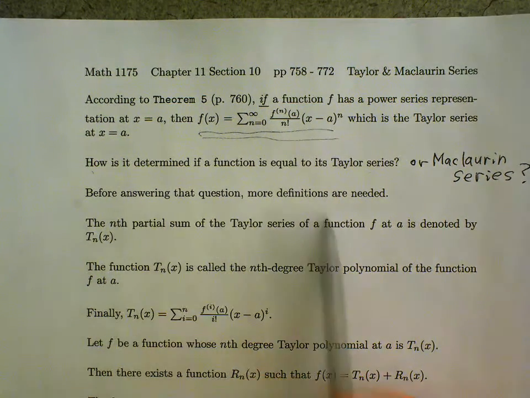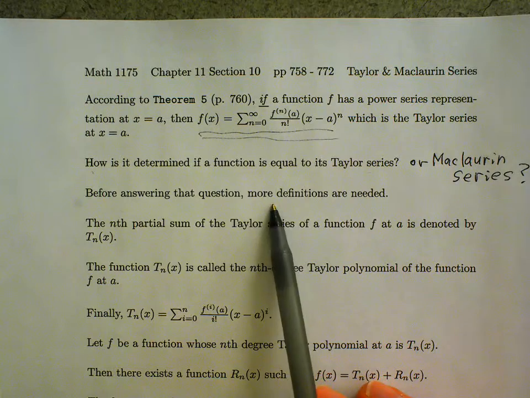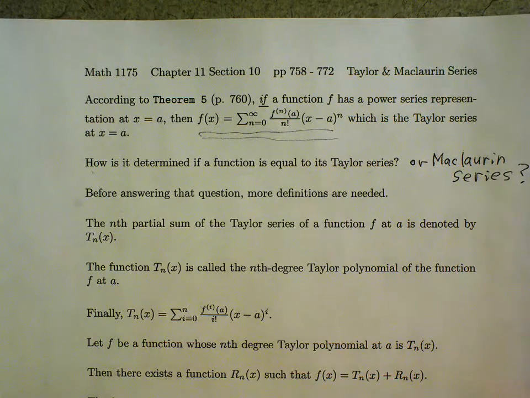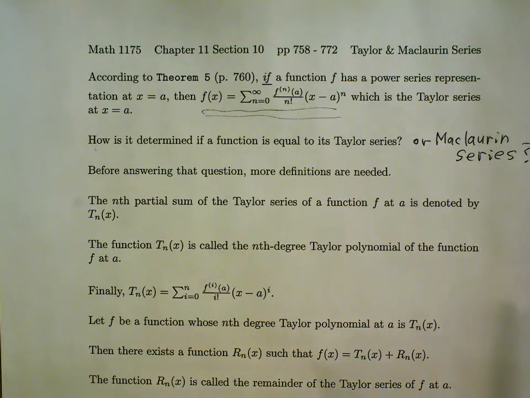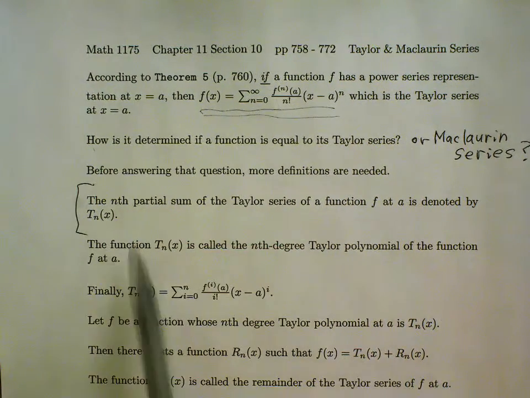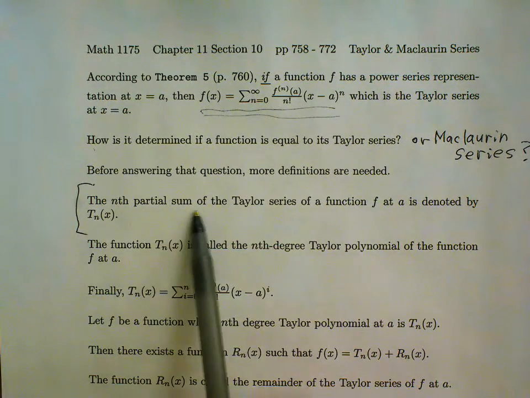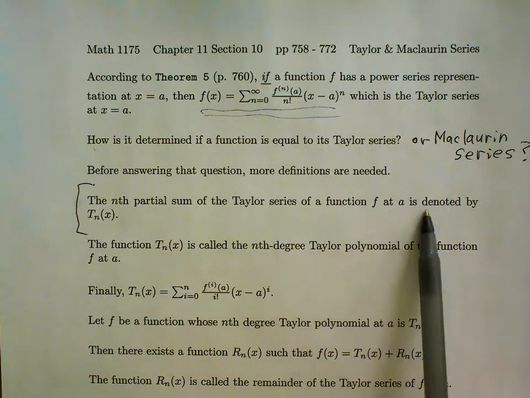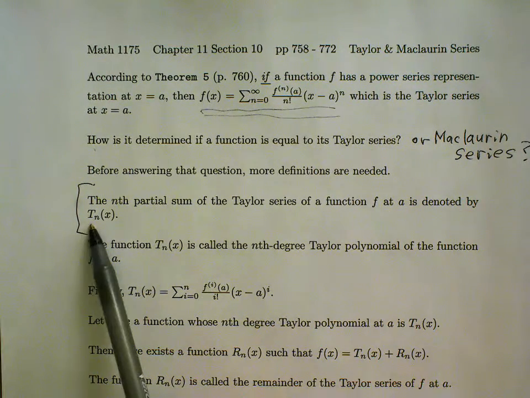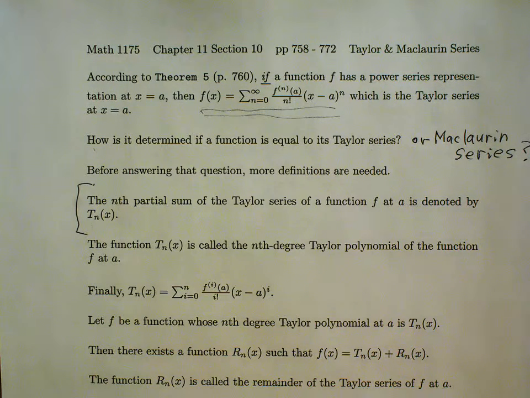Before answering that question, more definitions are needed. The nth partial sum of the Taylor series of a function f at a is denoted by t sub n of x.